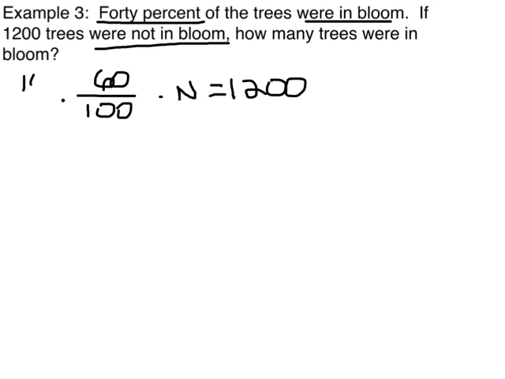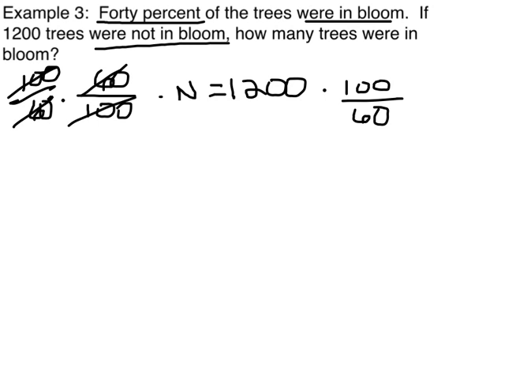So we need to find out 60% of what number equals 1,200. And again, we're going to isolate the variable and cross cancel these out. Let's see, I can take this and this, and I can take this 6 and make it a 1, and 6 will go into 120 20 times, and 20 times 100 is 2,000.